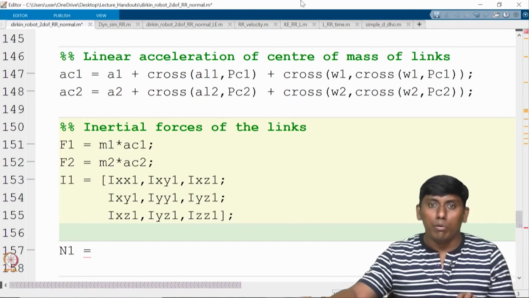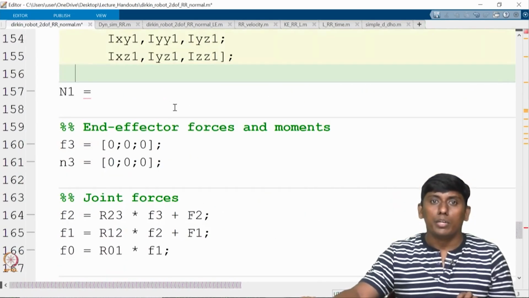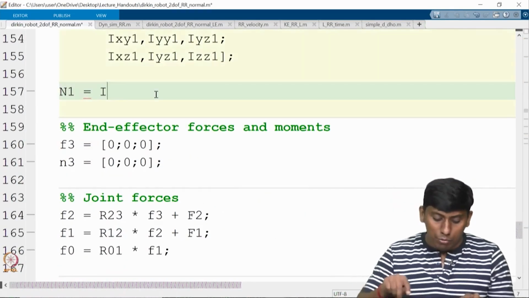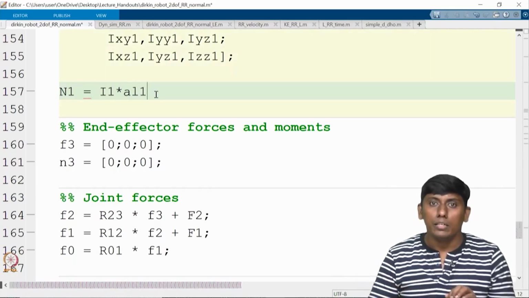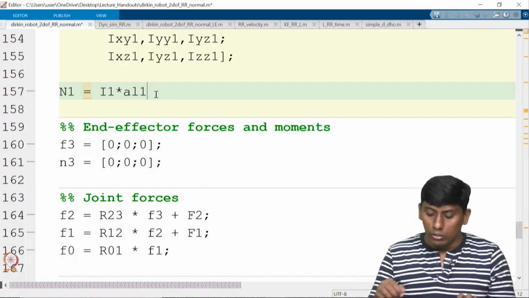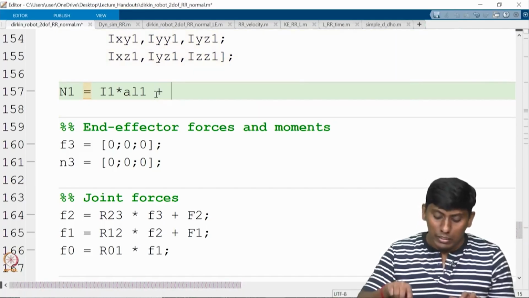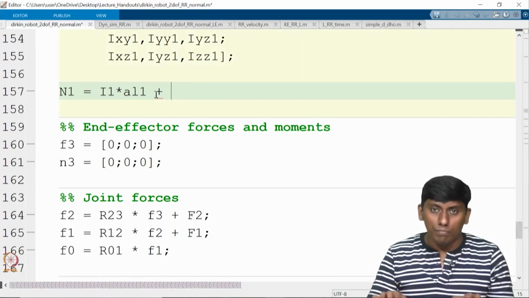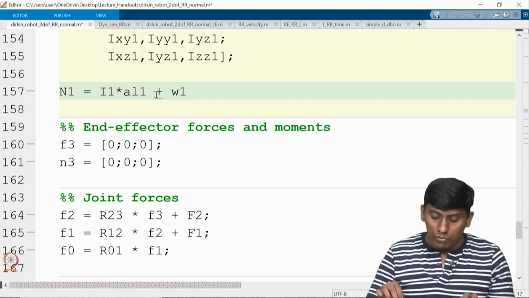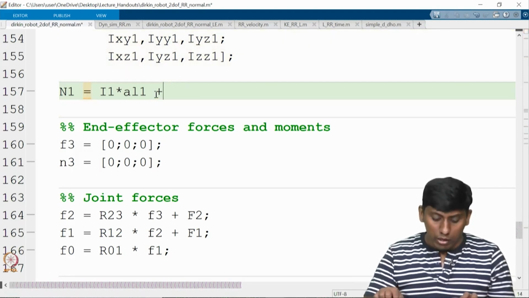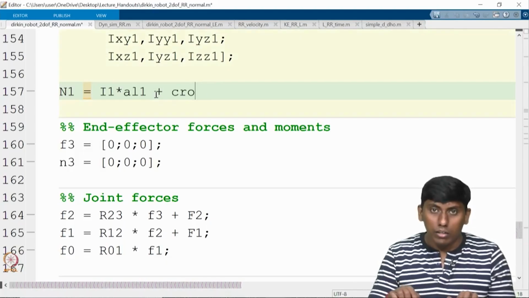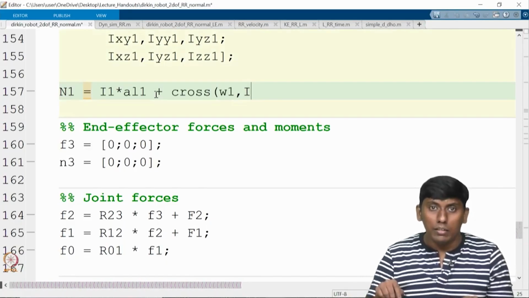So now your N1 would be I1 multiplied with alpha 1. In fact, if you strictly go, it would become omega 1 cross, so I will write it that way, cross of omega 1 multiplied with I1 omega 1.